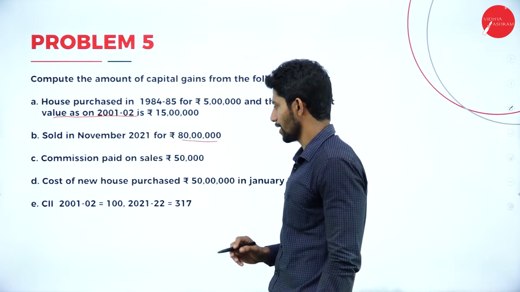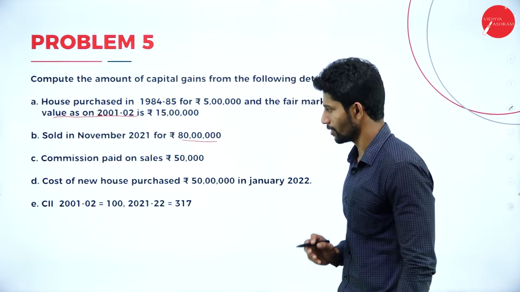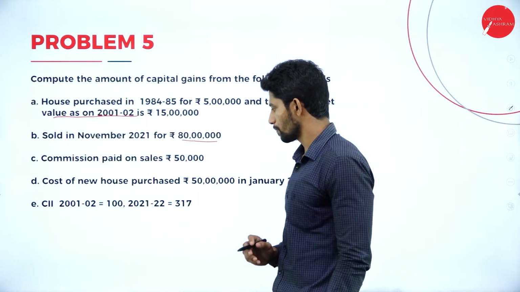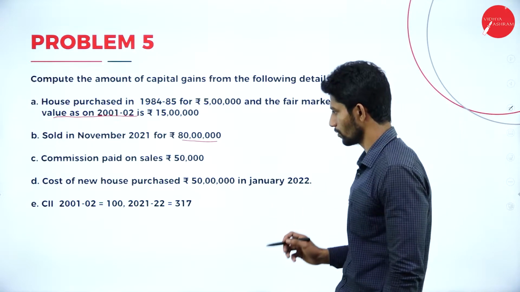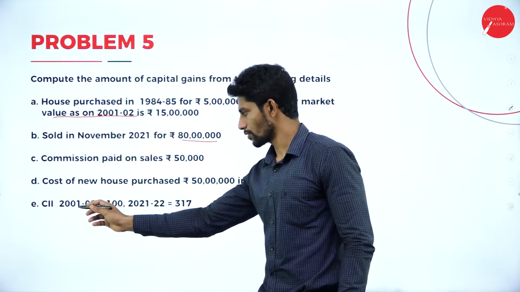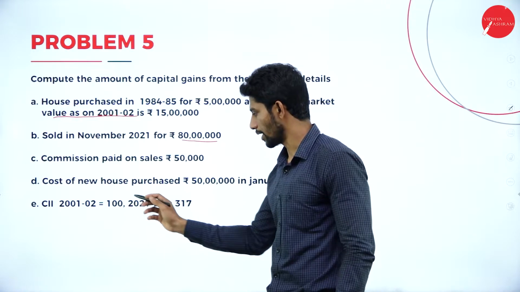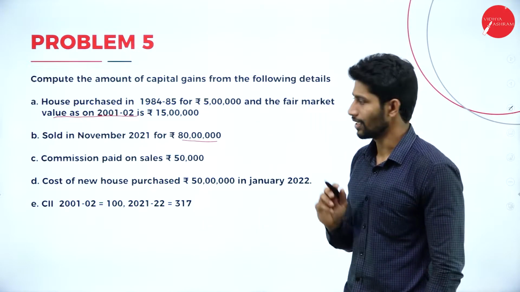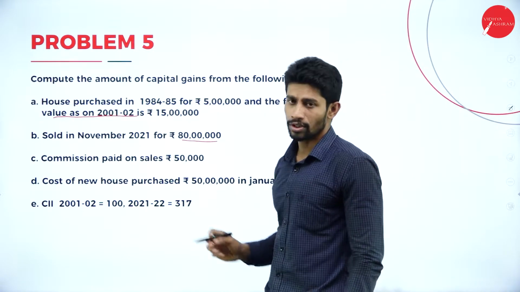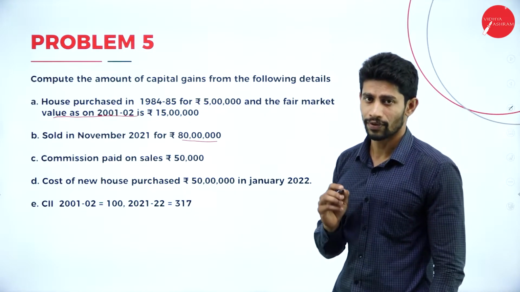Commission paid on sales is rupees 50,000 and cost of new house purchased is rupees 50 lakhs in January 2022. The CII value for the year 2001-2002 is 100, and for 2021-22 is 317. So the first point you have to understand, because it is very much important.